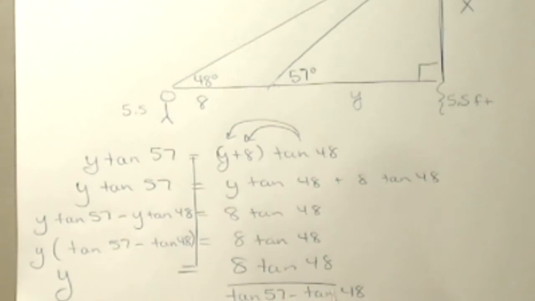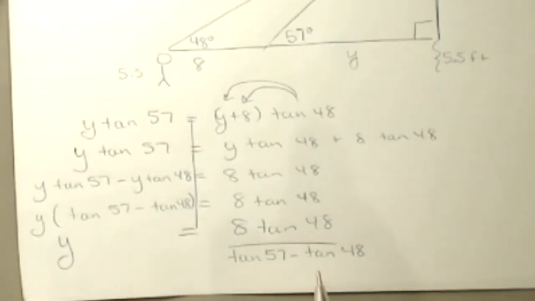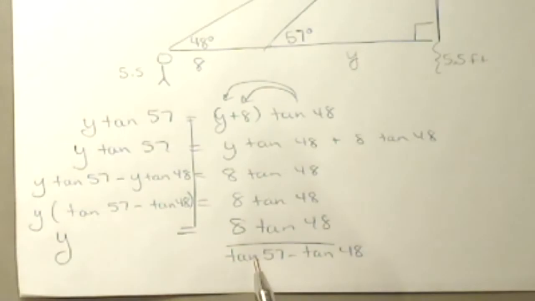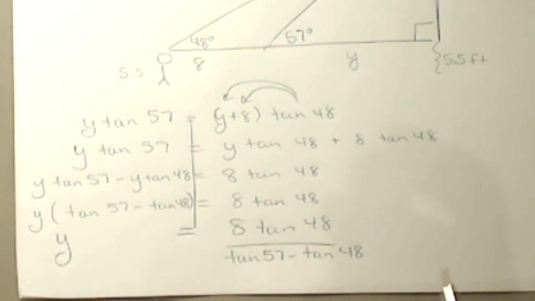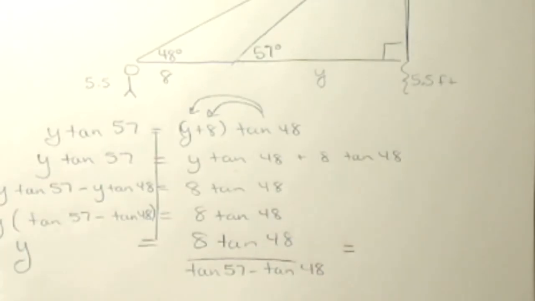Now keep in mind, tangent 48 is just a ratio of two sides of a triangle, so that is a number. So is tangent 57, and so is tangent 48. So I can just calculate this in the calculator to get the value for y.